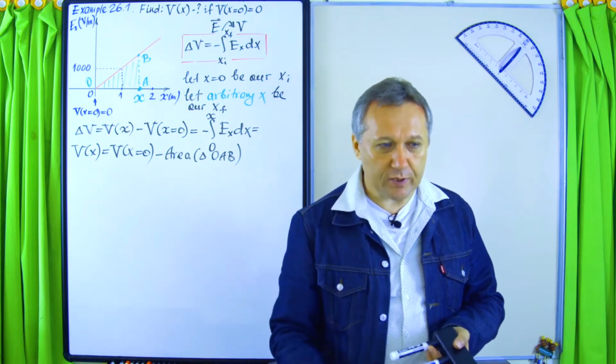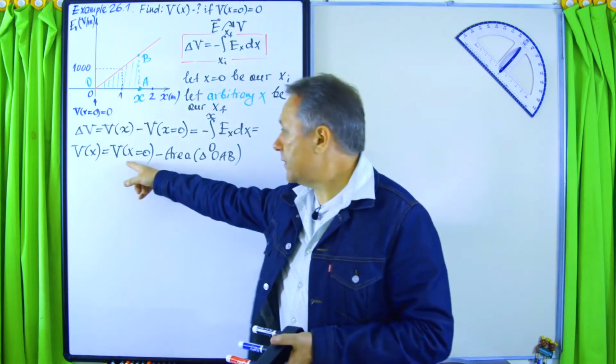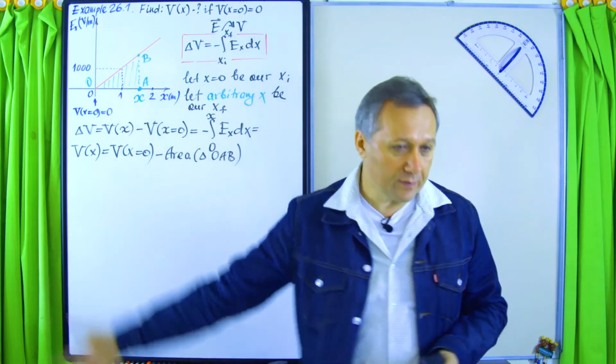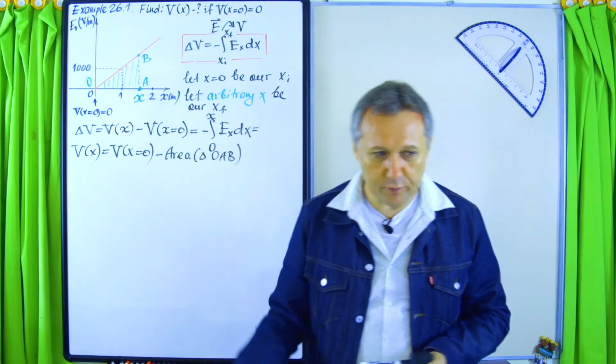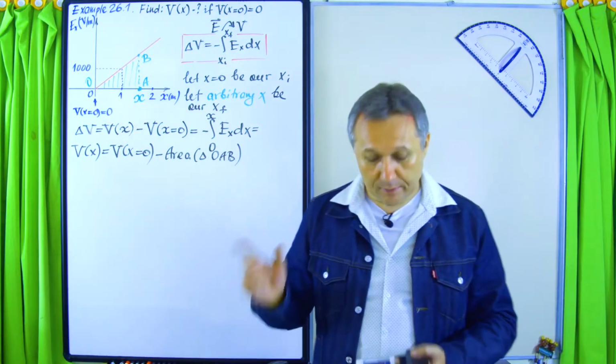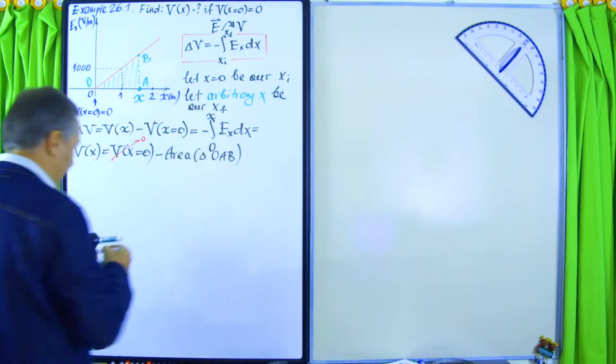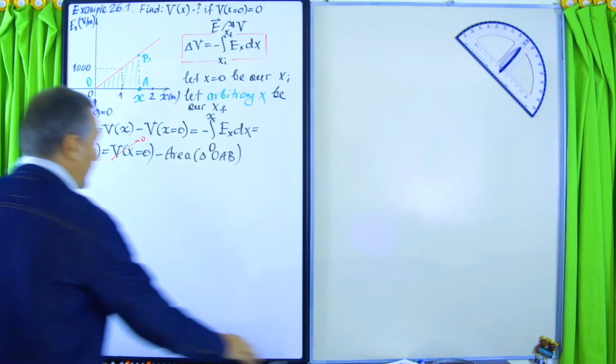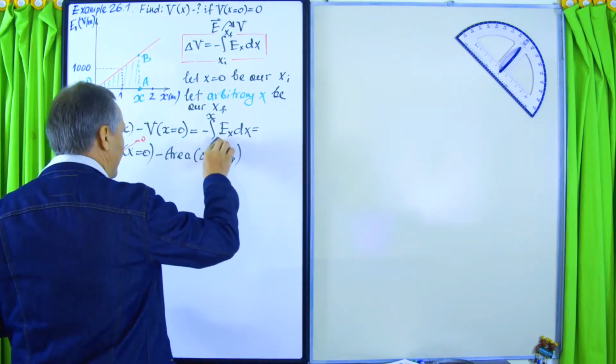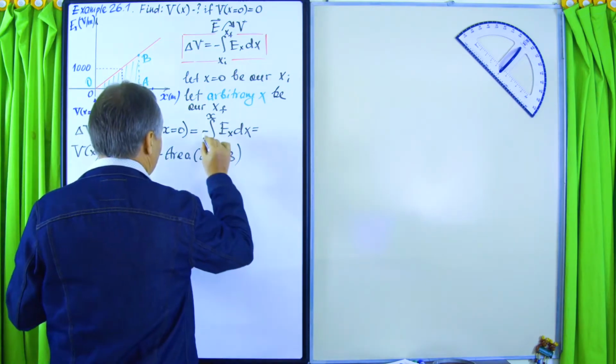Sometimes the problem gives you that V at a certain point can be minus 50 volts, or 50 volts, or 25 volts, or something else. But in this case, this is 0, and we can dump it.